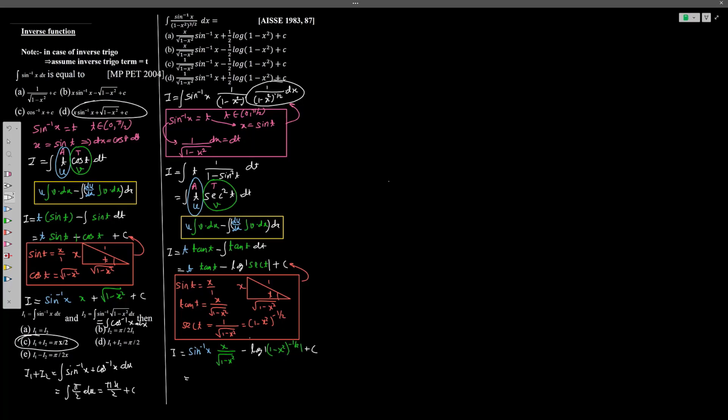So here we will get x sine inverse x upon under root of 1 minus x square, and apply the property of log, minus 1 by 2, so we'll get plus 1 by 2 log mod 1 minus x square plus c. That is your final answer, which is given in A.